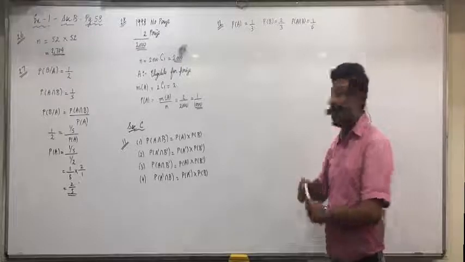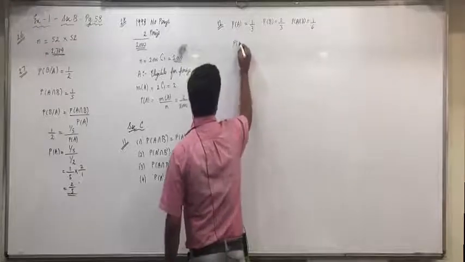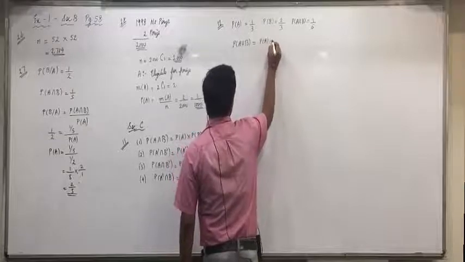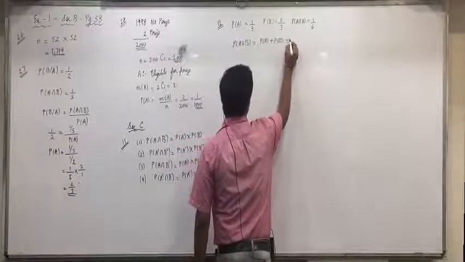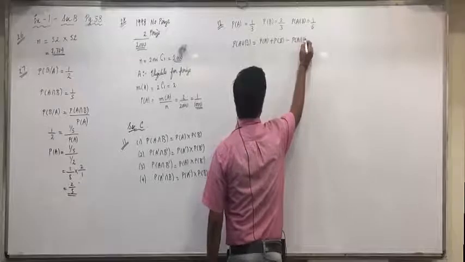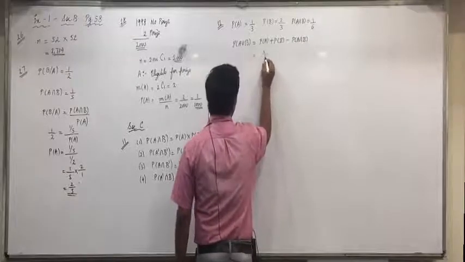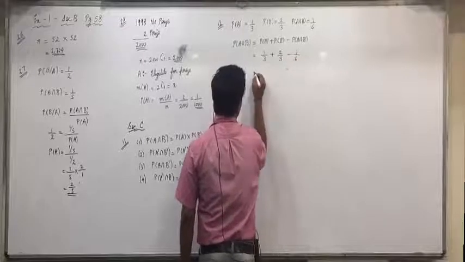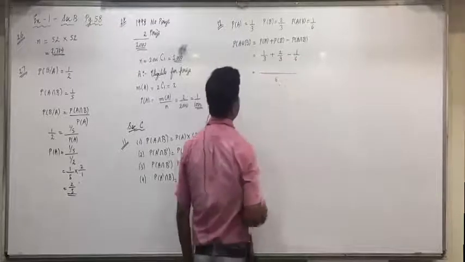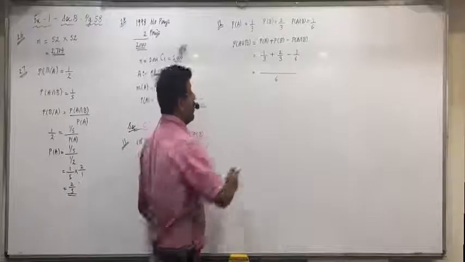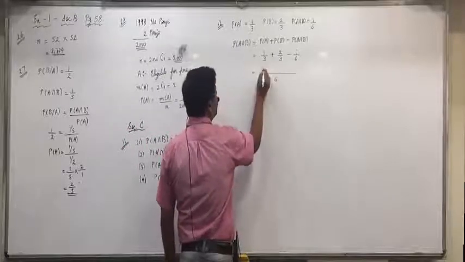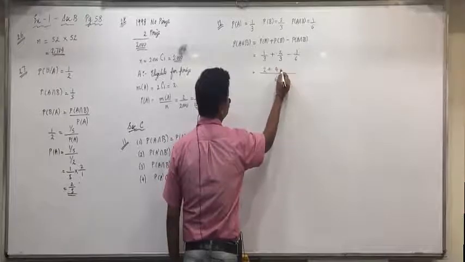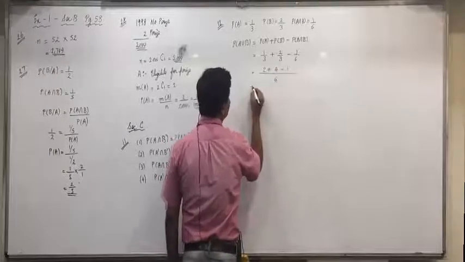Understood this, everyone? First let us find P(A ∪ B). P(A) plus P(B) minus P(A ∩ B). 1 by 3 plus 2 by 3 minus 1 by 6. LCM is 6. 6 divided by 3, 2, into 1, 2. 6 divided by 3, 2 into 2, 4, and 1.